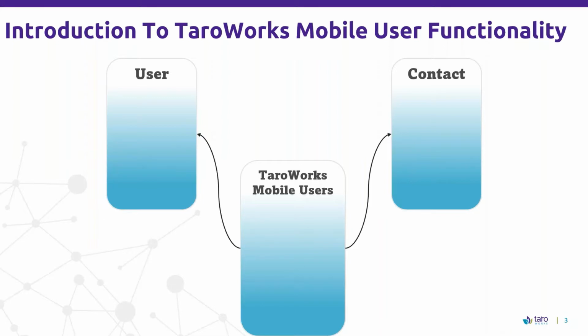You can also manage mobile users in mass through custom views, and this includes mass updating public group membership and even mobile record assignment. And lastly, you can also extend our TaroWorks mobile user object for your own custom needs. We shall see each of these in our demos shortly.